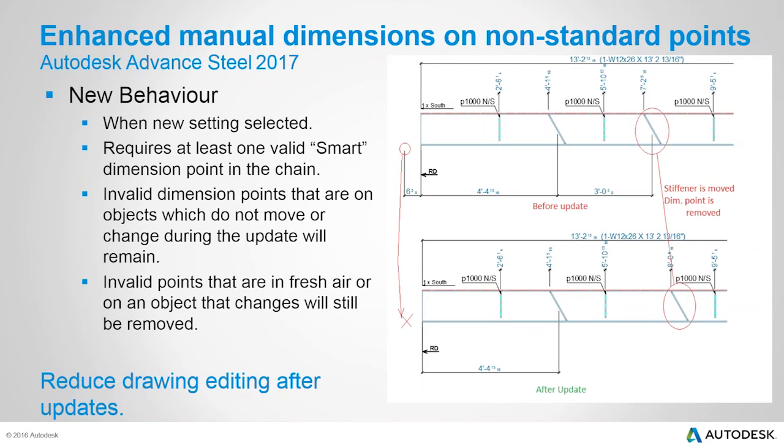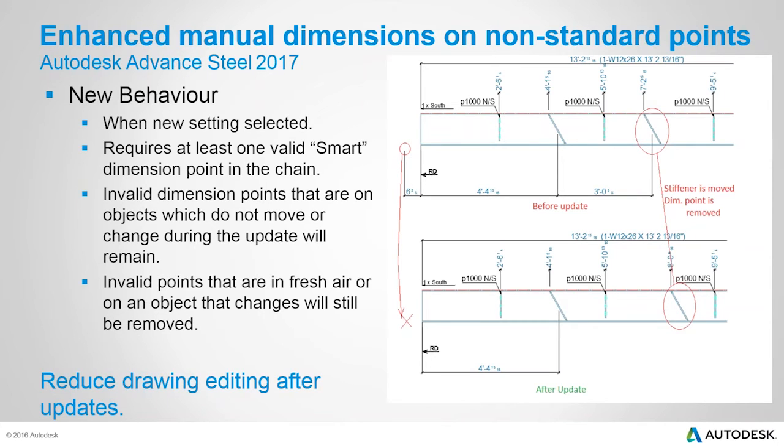But probably on most of your drawings, 7 or 8 times out of 10, the points you're dimensioning aren't actually the points that are moving or changing. So if that happens, like the first stiffener on the left there, that stiffener didn't change and didn't move. So even though it's an invalid dimension point, the new behavior is that it's kept that point. The dimension to that point remains, unharmed, untouched, and typically lots of your points will be unchanged.